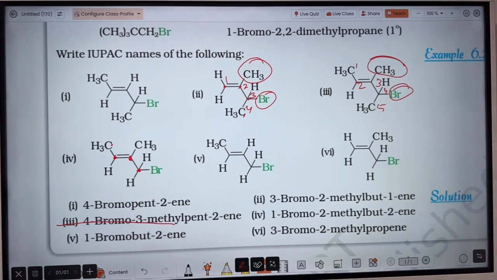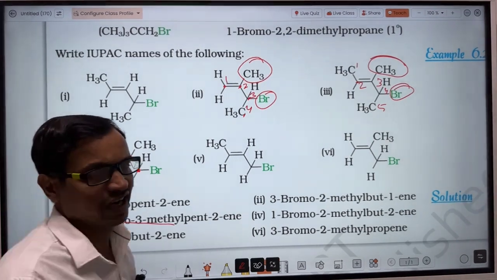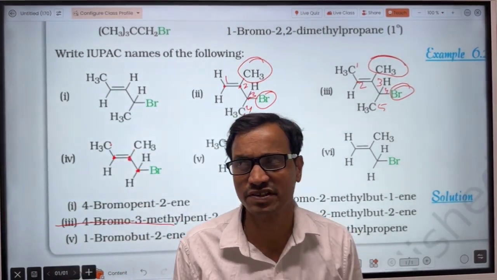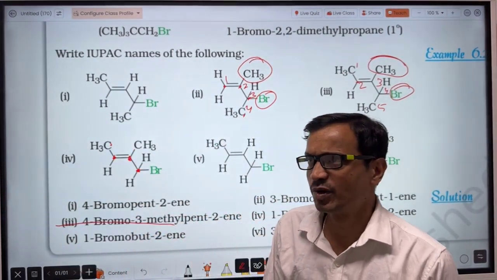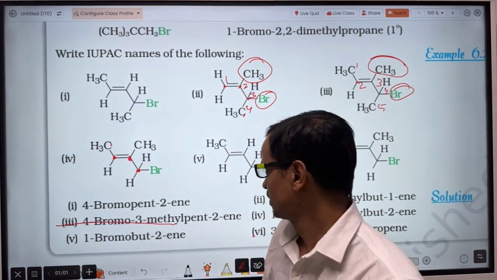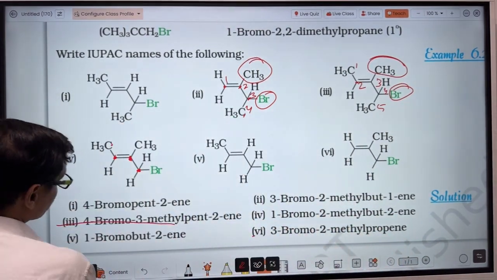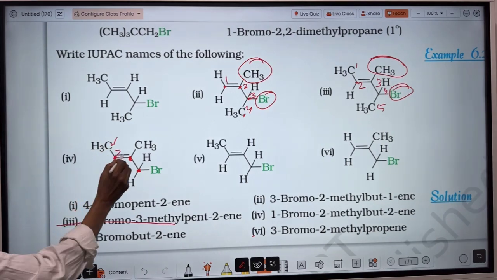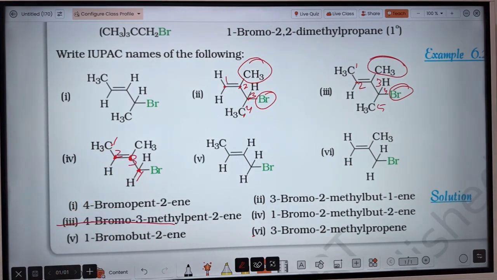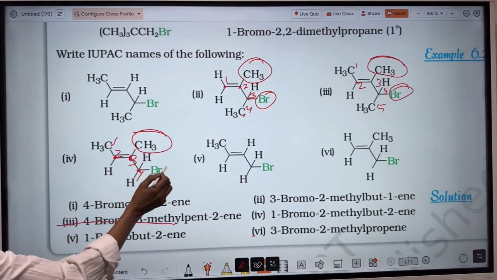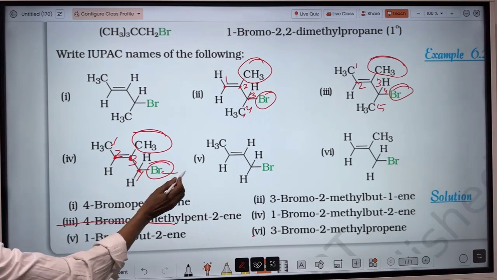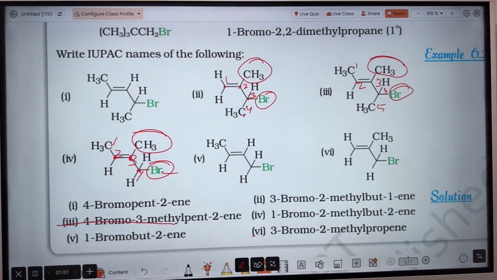Then after the chain selection, you will have to do numbering in such a way that the double bond acquires the lowest position. That is possible when you do the numbering from here. 1, 2, 3, 4. This is a methyl substituent and bromine is a substituent. In alphabetical order, B comes first. So firstly we will write bromo, which is at the 4th position.